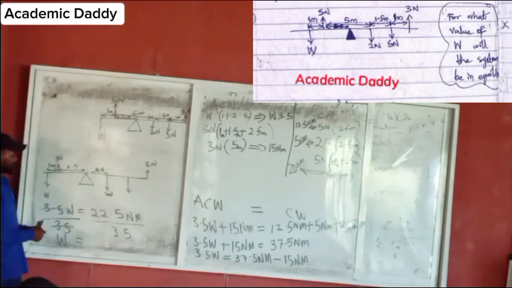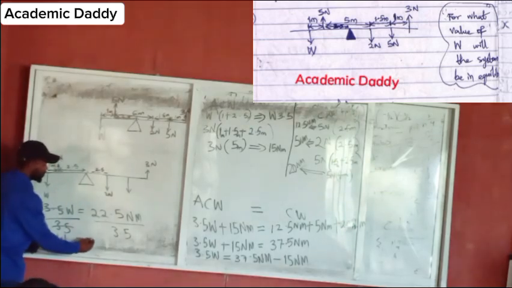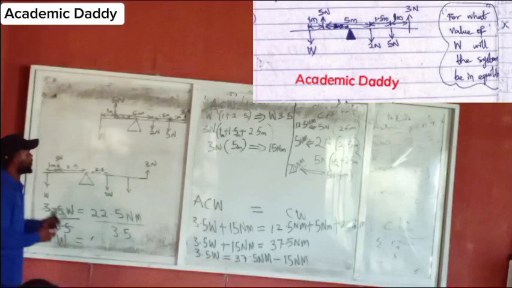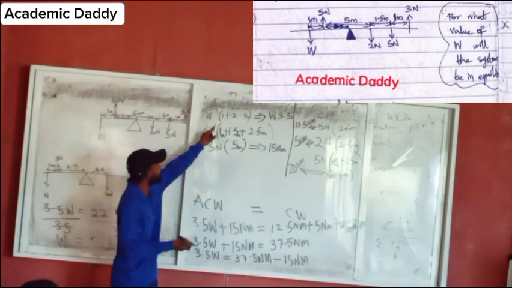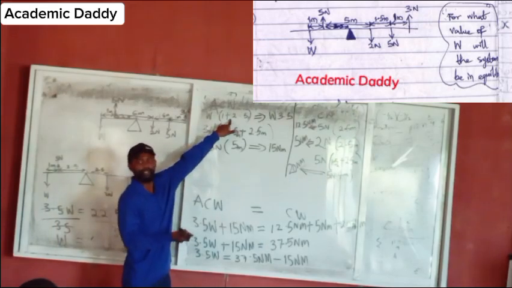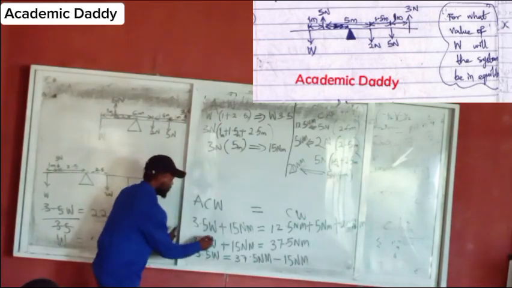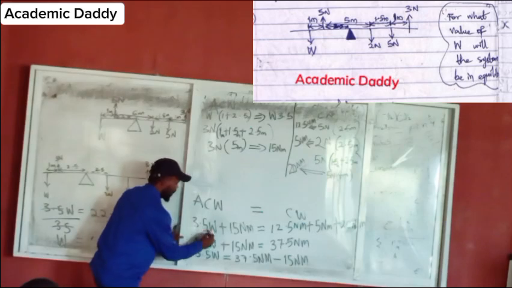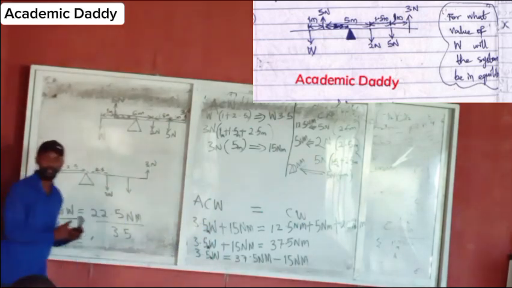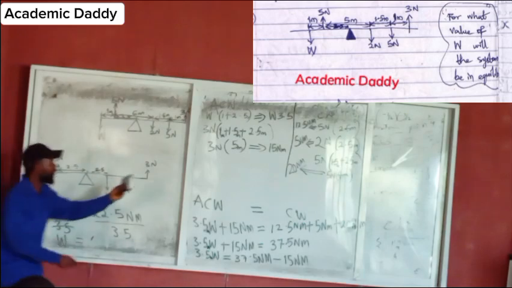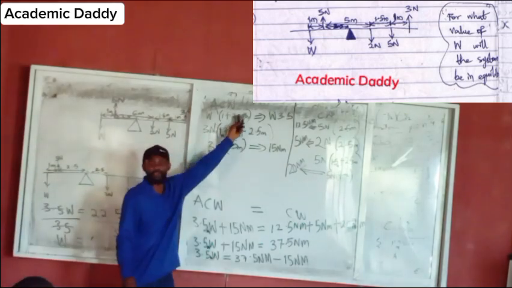But please, I want us to know something. First of all, the 3.5 that we got for W, all these things are meters, right? So let's put it: this is W times 3.5 meter. That 3.5, 1 plus 2.5, is from distance, and the unit of distance is meter.